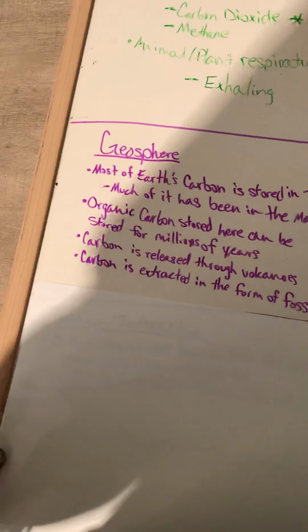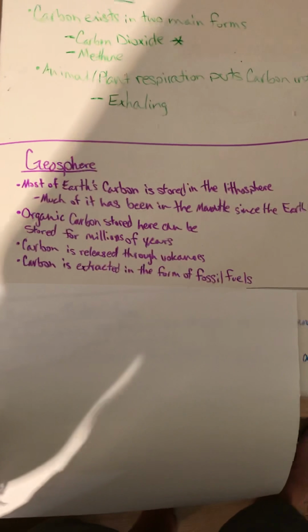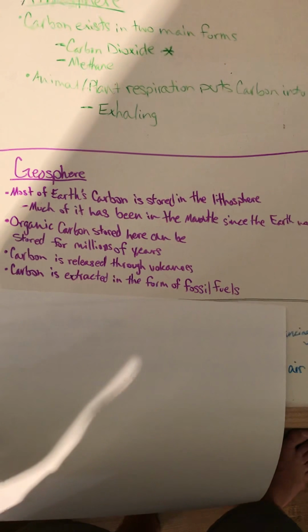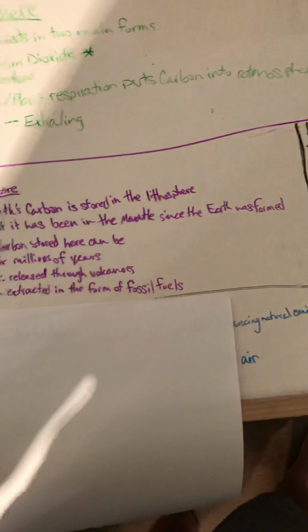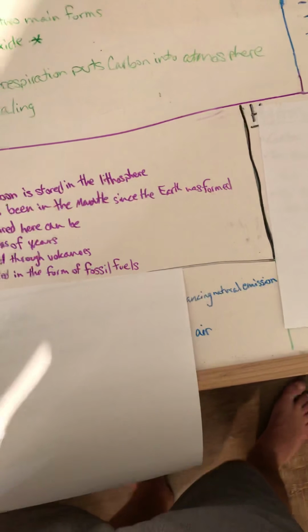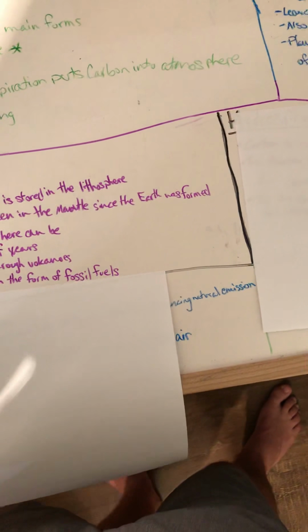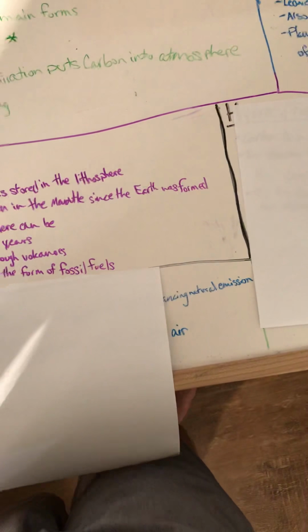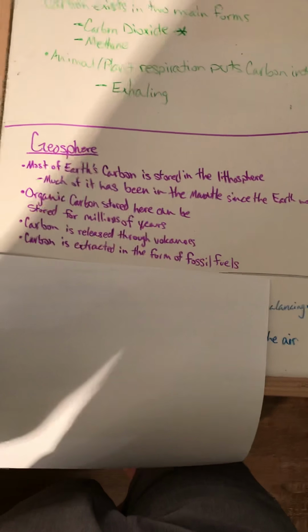Next, we have the geosphere. The geosphere holds most of the Earth's carbon, and it is located specifically in the lithosphere, which is a subsection of the geosphere. Much of it has been in the mantle since Earth was formed, which is a really, really long time.